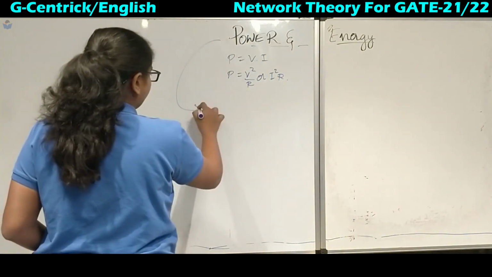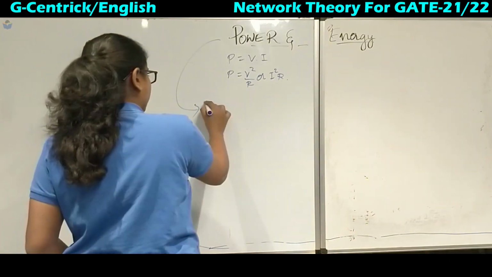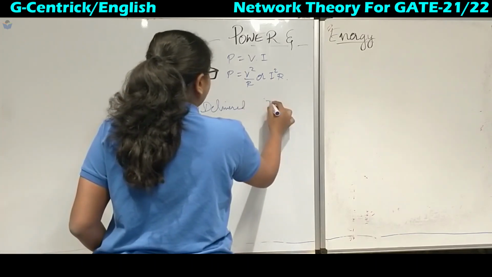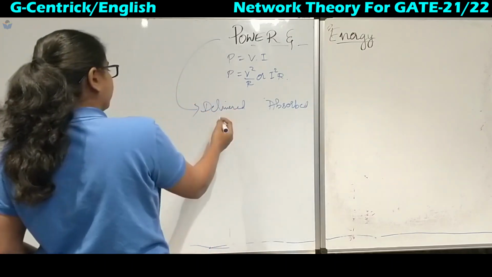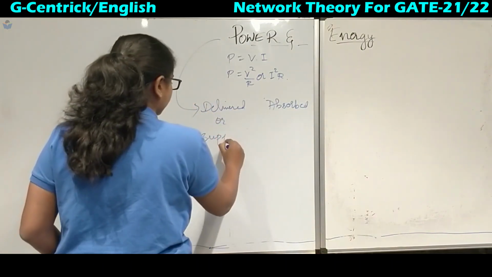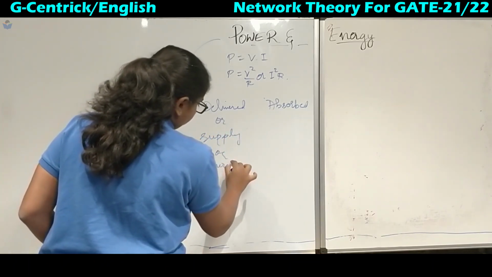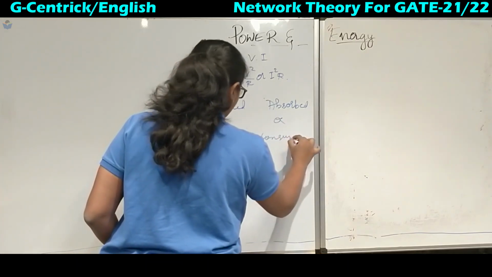Now power can either be delivered or absorbed. So there are two things in power, delivered or absorbed. Delivered we can also call power supplied or power generated. Absorbed we can call consumed, power is consumed.